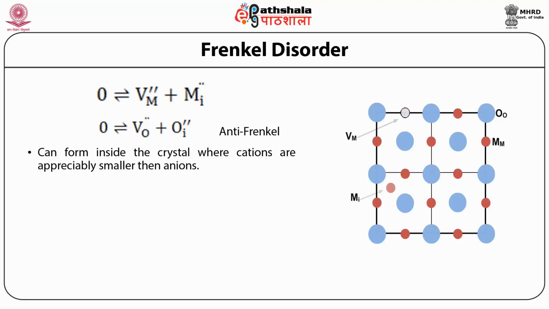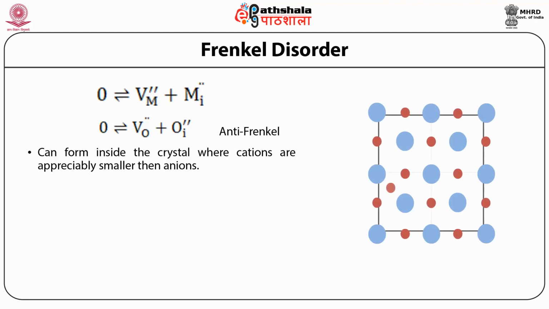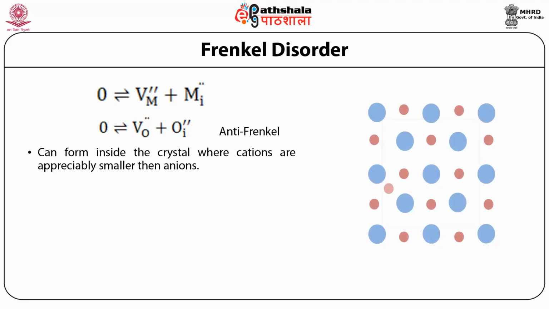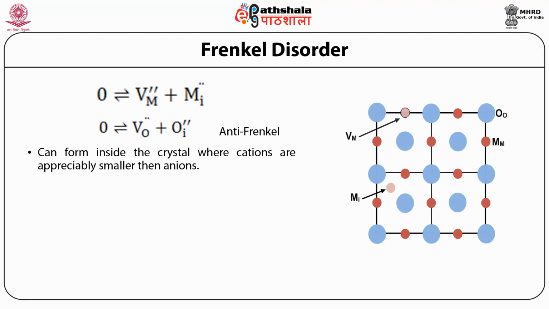In cases where anions form the disorder, it is called anti-Frenkel. The corresponding defect reaction would be null gives V_O double star plus O_i double prime.